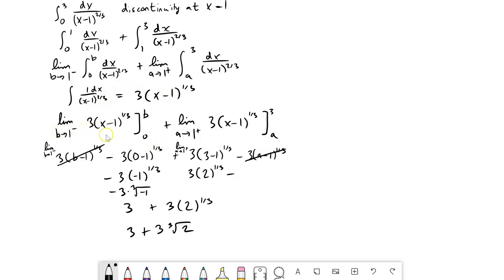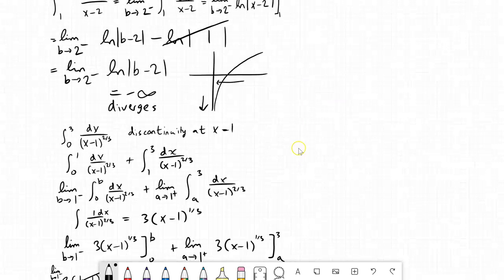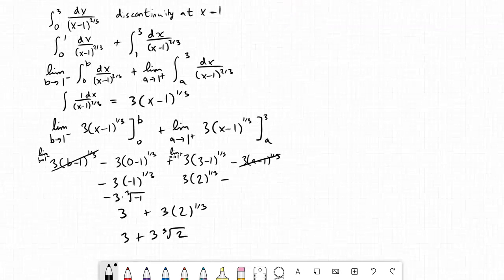And then here it is. Now I just plug in the limits of integration. I get this, and then I simply evaluate the limit and we get to our final destination. So this is the idea, and this one's nice because it converges to a number. We can actually say it converges, especially if the problem's asking if it converges.